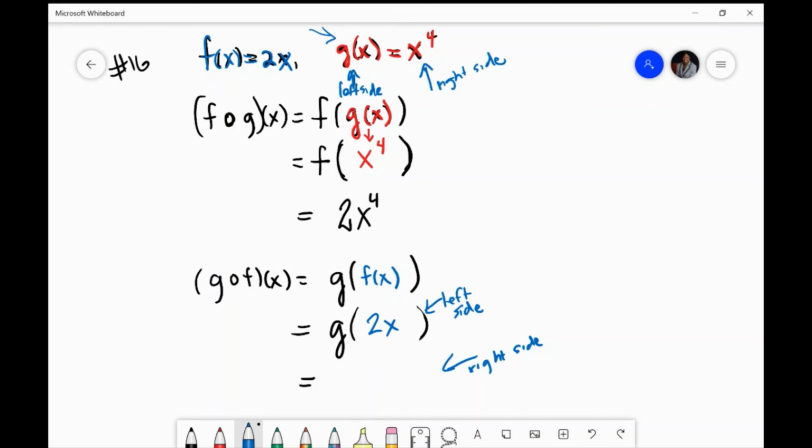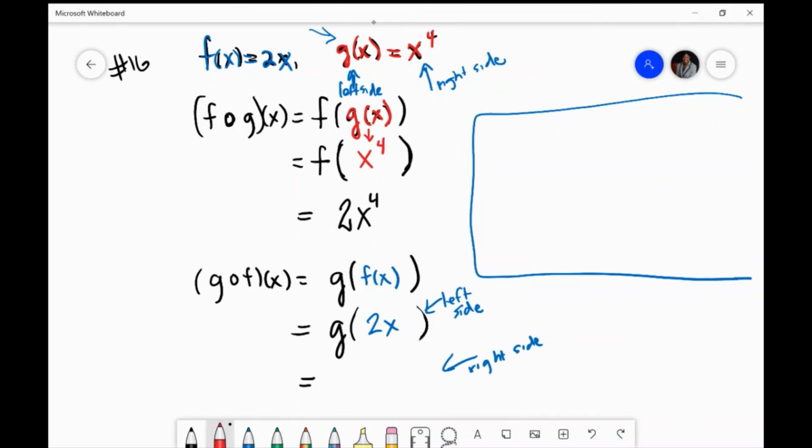Here you were replacing something. What are we replacing? We're dropping in 2x in the place of what? Let me write it like this. x to the fourth. All right, so if G of x equals x to the 4, what is G of 2x equal to?